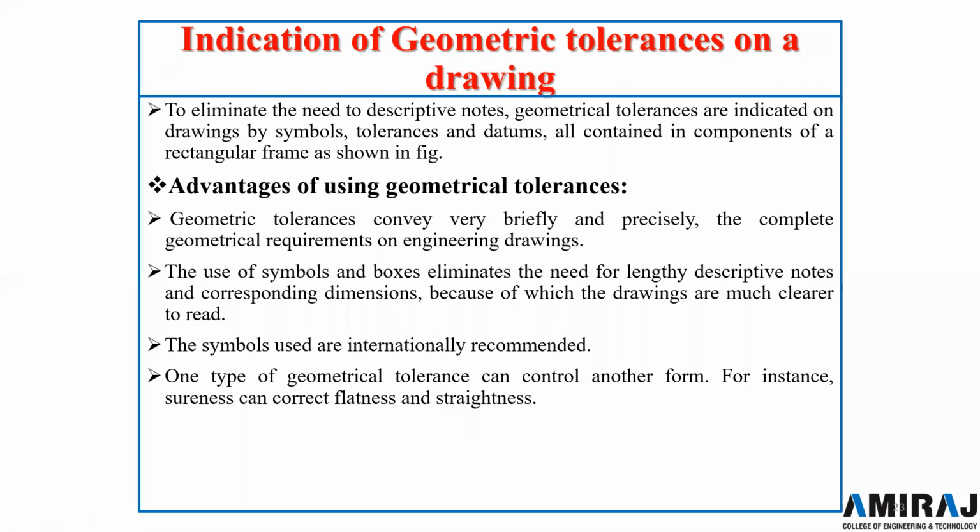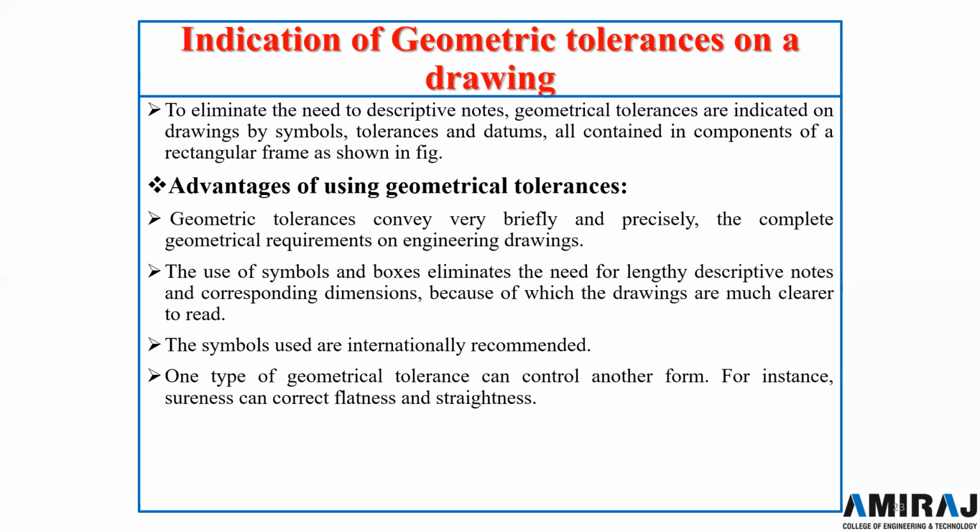Then the advantage of using geometric tolerance is that geometric tolerance conveys very briefly and precisely the complete geometrical requirement on an engineering drawing. The use of symbols and boxes eliminates the need for lengthy descriptive notes and corresponding dimensions, because of which the drawings are much clearer to read.